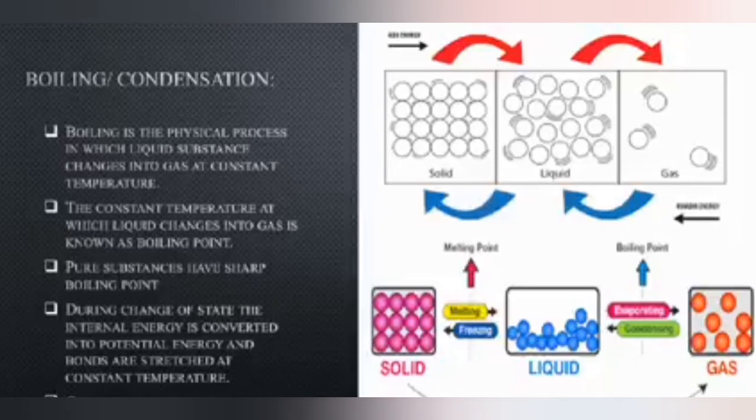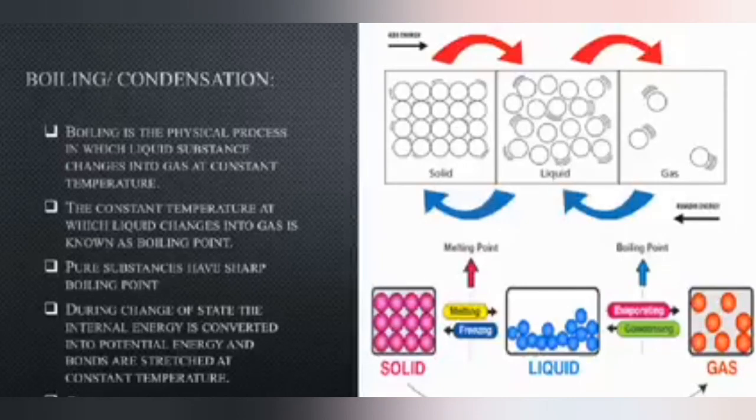Stretching of bonds means breaking of bonds और pressing of bonds means forming of bonds. जब बॉन्ड्स फॉर्म होते हैं then gas particles attain the arrangement of the liquid, or liquid particles attain the arrangement of the solid.